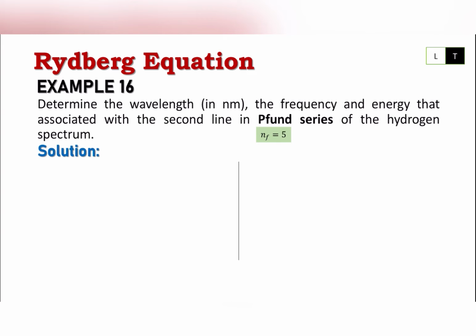Next, you need to determine the N initial for the second line. The next two numbers after 5 will be 7. So this is N initial. You got the formula? N1 must be less than N2. So between 5 and 7, 5 is smaller than 7. So N1 will be 5.